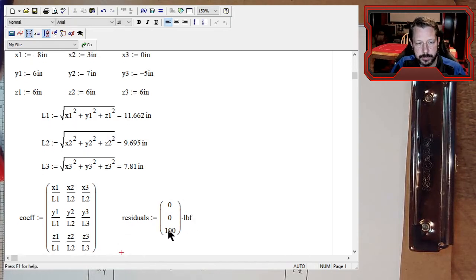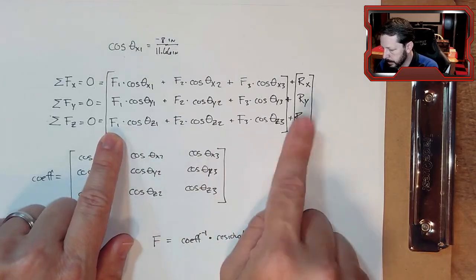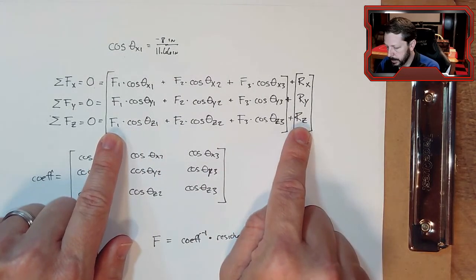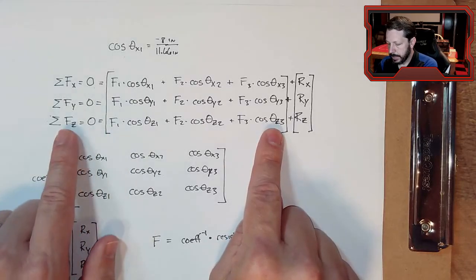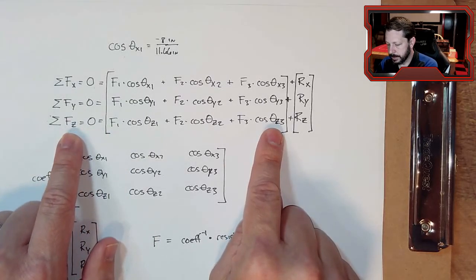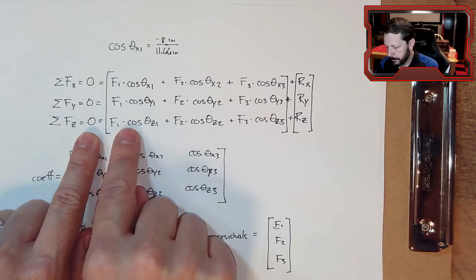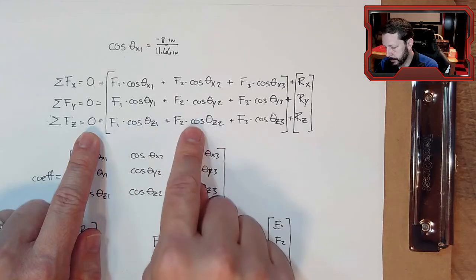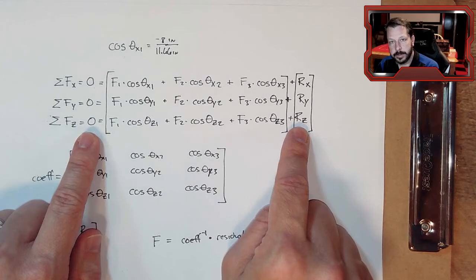Now, you might be wondering why I put 100 pounds in here and not negative 100. So remember, here's the equation. The RZ is the 100 number. So this equation is basically writing the summation of forces in the Z direction equals 0. So that equation is F1 Z component plus F2 Z component plus F3 Z component plus the Z component of the force, 100-pound force, equals 0.